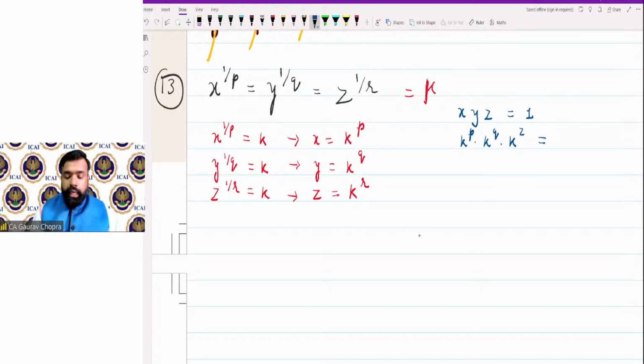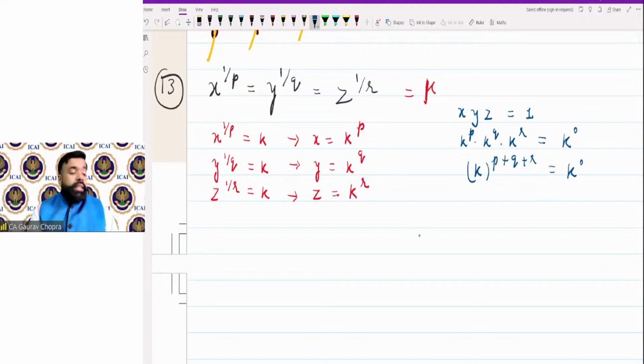So it can be written as k to the power of 0, because anything power 0 is equal to 1. So base is same, power will be equal. So k is having the power p plus q plus r. And here it is k to the power of 0.